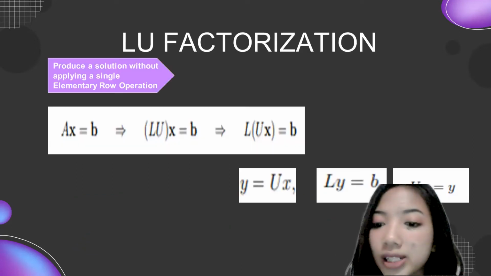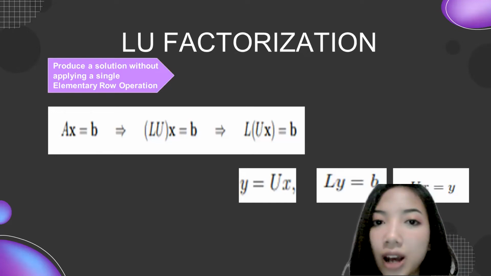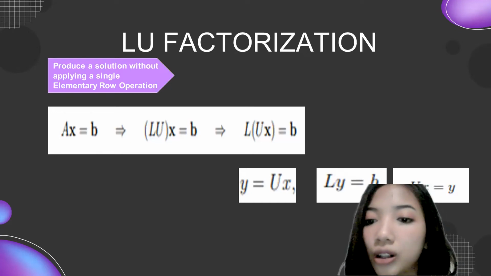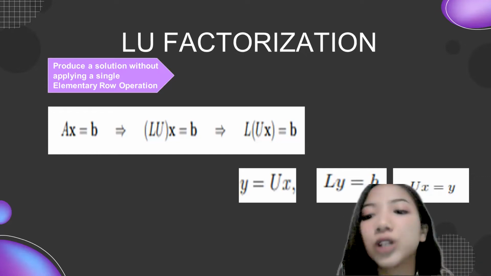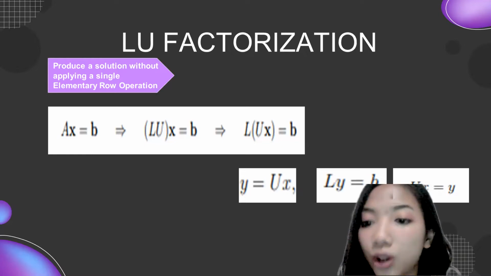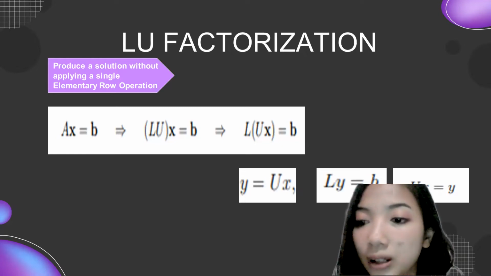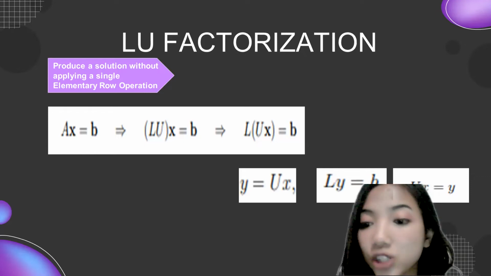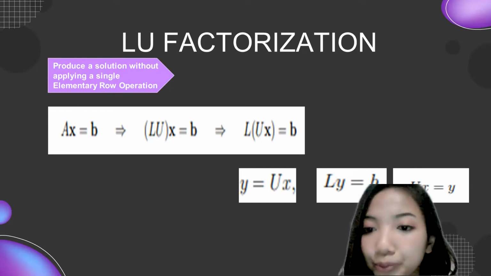And the next one is the LU factorization. We next consider a more general linear system AX = B, for which we assume that there is a lower triangular matrix L and an upper triangular matrix U, such that A = LU.